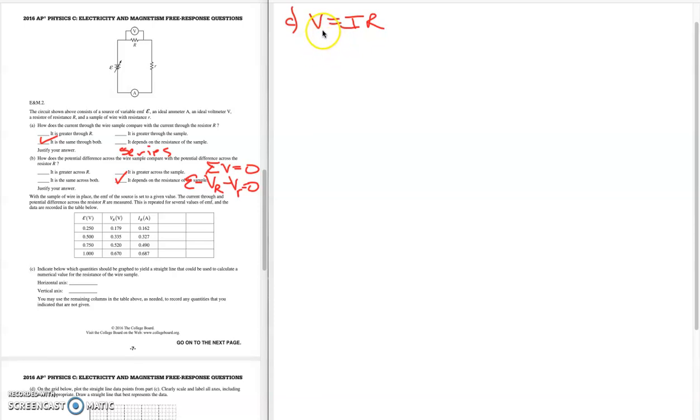So what we want is for this to be applied to just the wire sample, where the value of the wire sample resistance is going to be the slope of our line. This is going to be X, and this is going to be Y. In order to get the voltage drop across the wire sample, come back to the Kirchhoff loop rule.